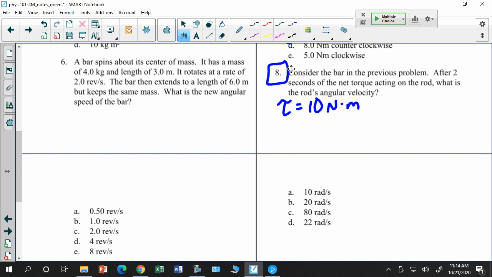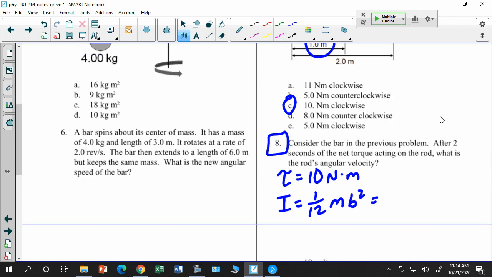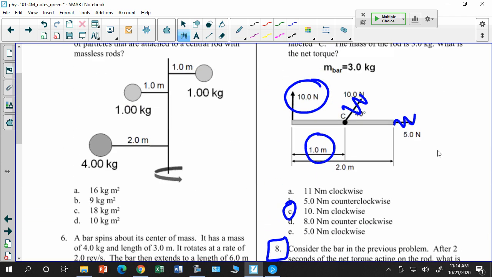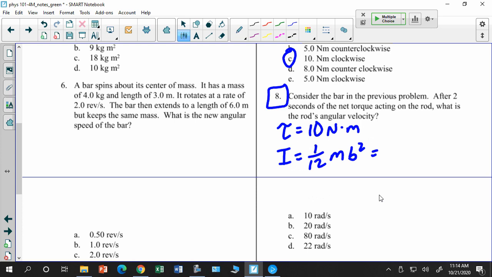I need to find I. You look on your table and you'll find that the moment of inertia for a rod is 1/12 mL squared. And so that's going to be 1/12 of the mass, which is 3, times 2 squared. Oh, look at that. That's just equal to 1. So that's my moment of inertia.